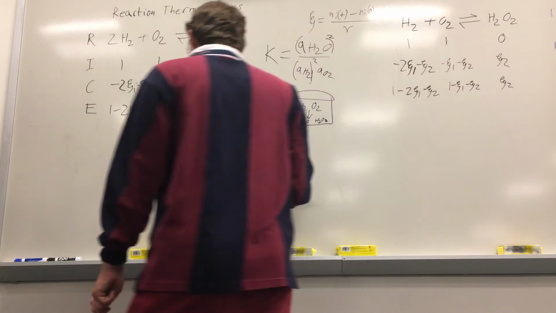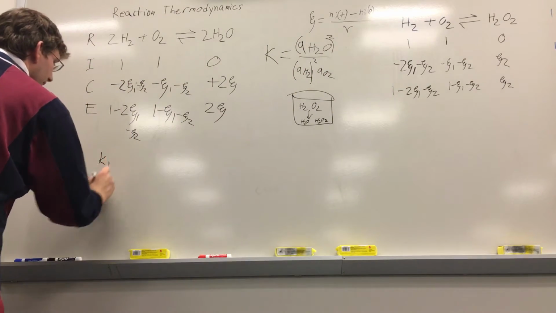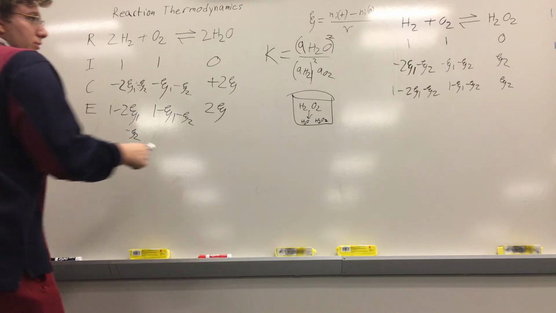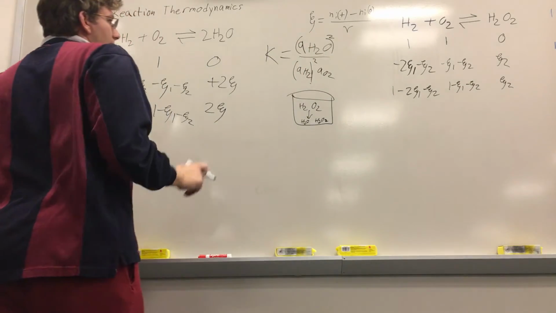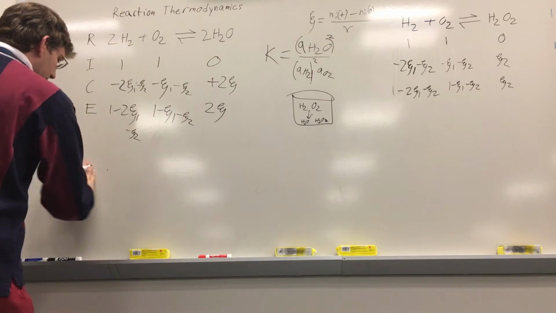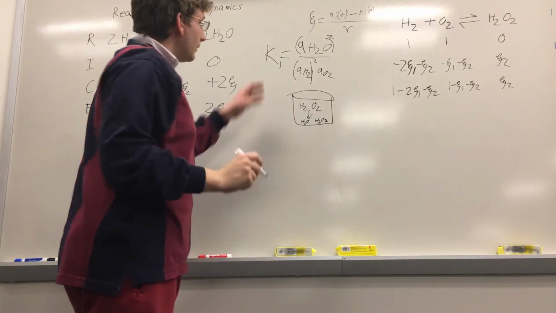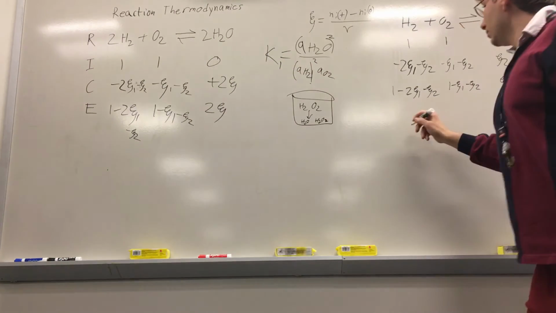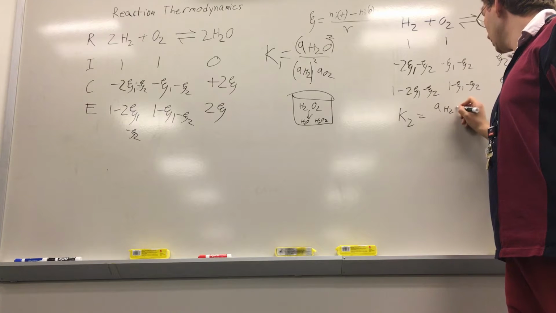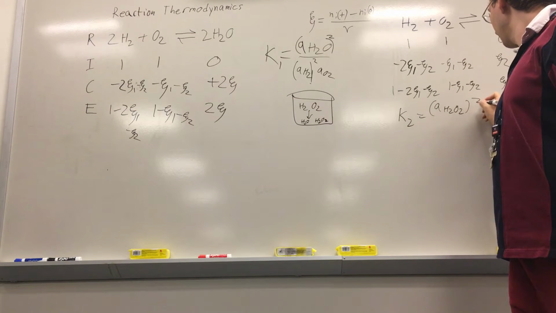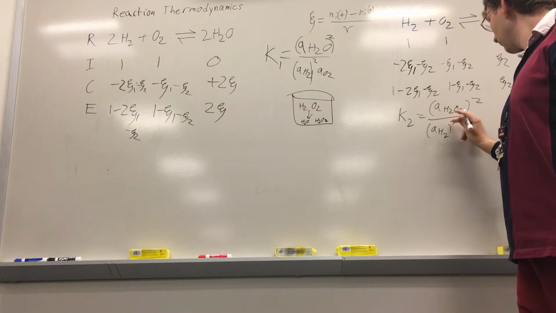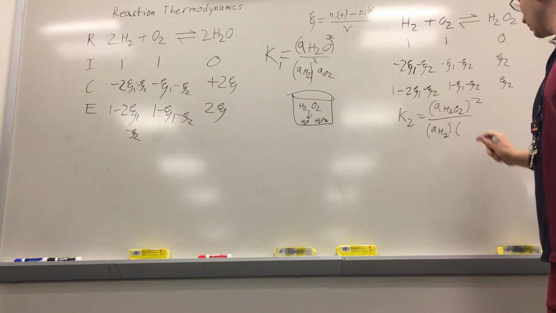Okay, so now what we're going to do is set up two equilibrium values. So we'll have K1 is equal to this here. So, you know, I'm going to write a 1 there. And then we have to do a K2 here, which is just the activity of, there's no square there.